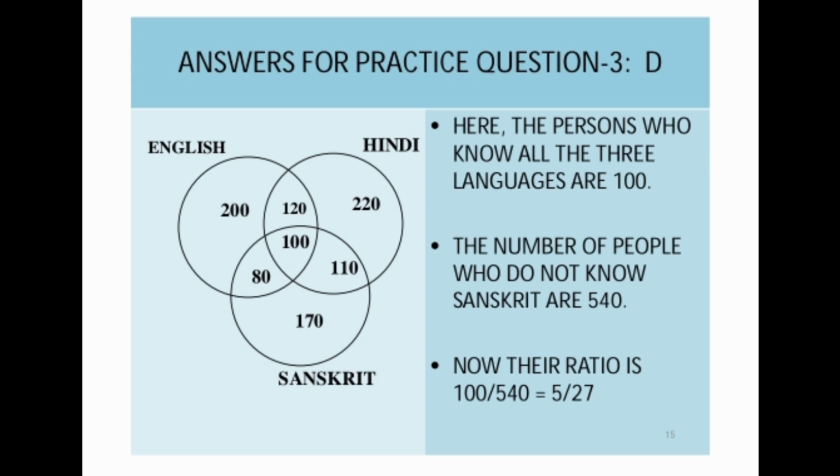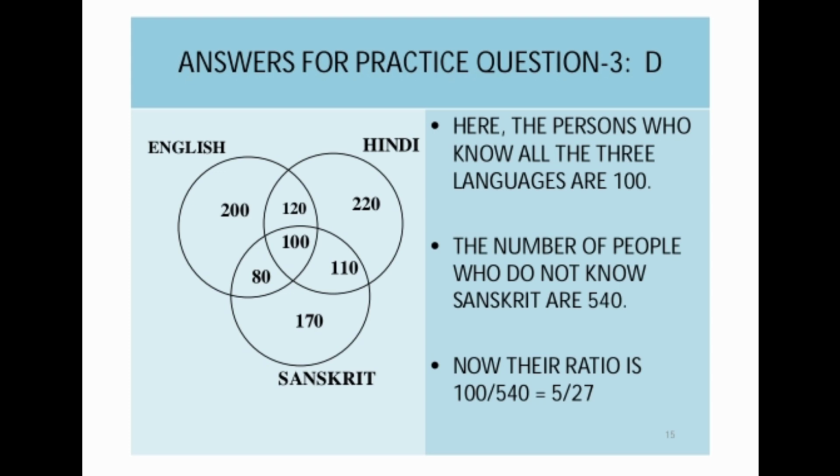So we should search for an intersection between all the 3 circles. There is only one such representation of intersection, which is 100. And the other question inside the question is the number of people who do not know Sanskrit.